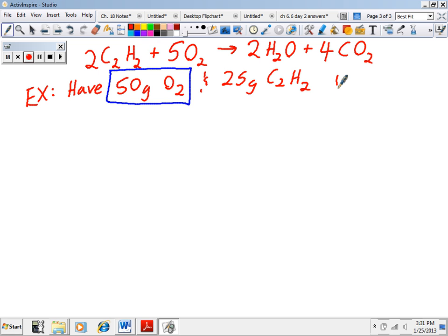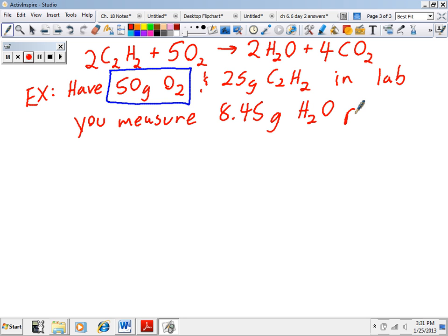And let's say in the lab, you measure 8.45 grams of H2O produced. Find the percent yield. Okay, so this is measured in the lab, 8.45 grams. So that is our actual yield.